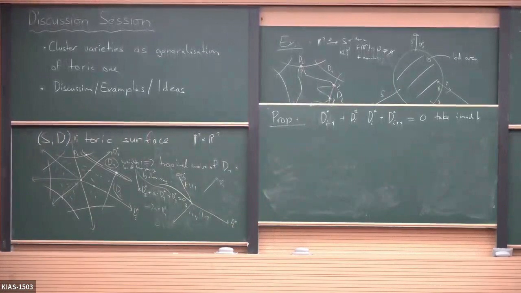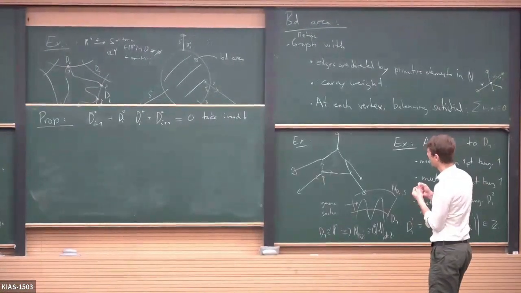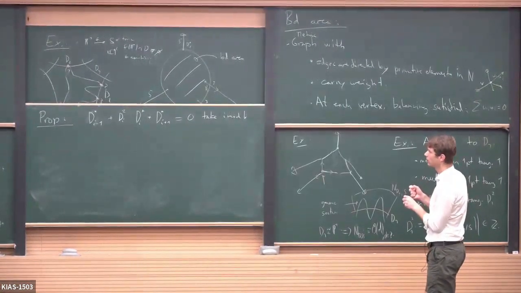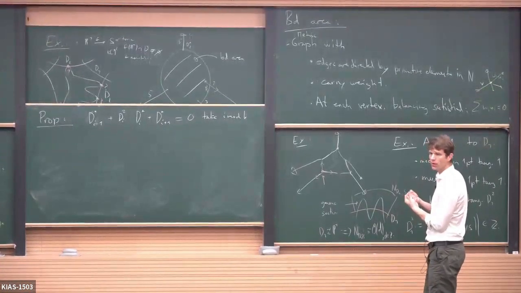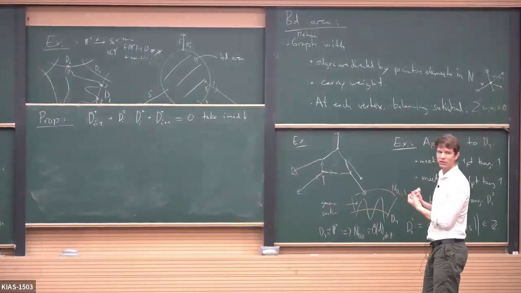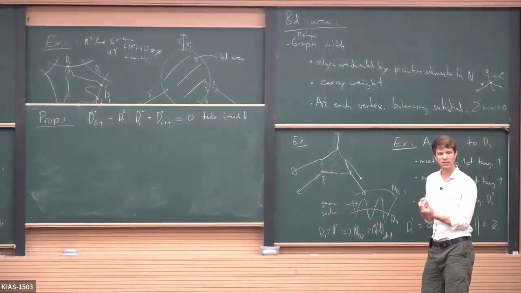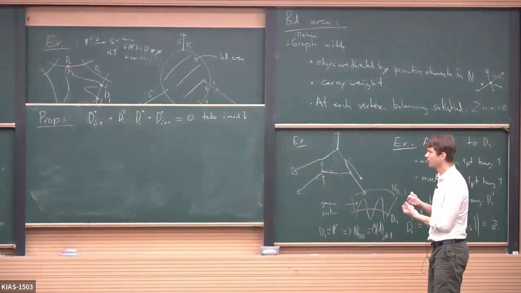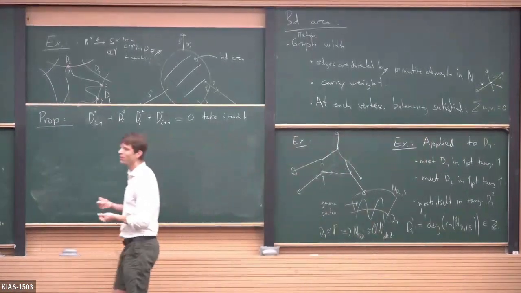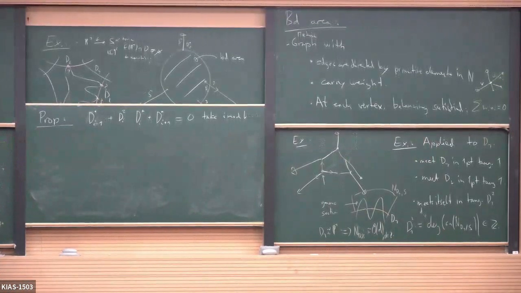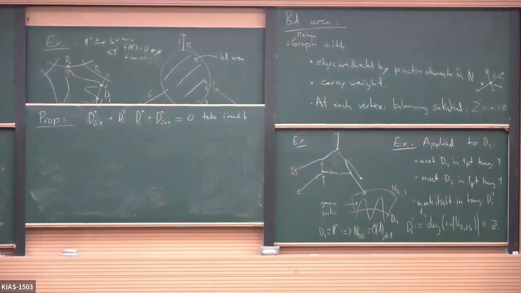So we have curves inside our surface, and they interact with the boundary, and then their interaction tells us something about our fan. And this is something that will be very important also for the cluster varieties.